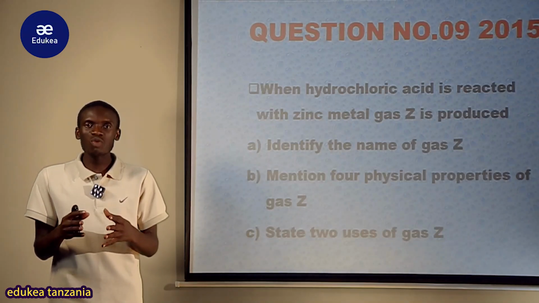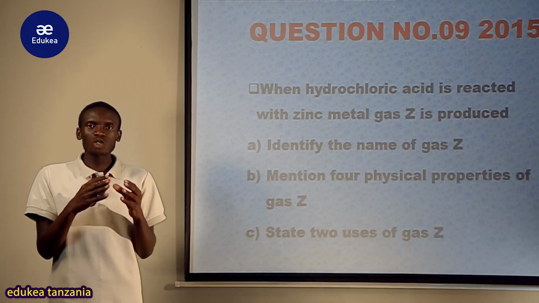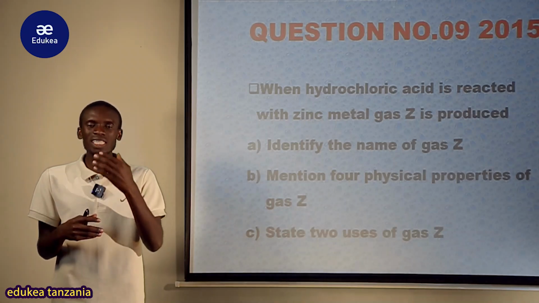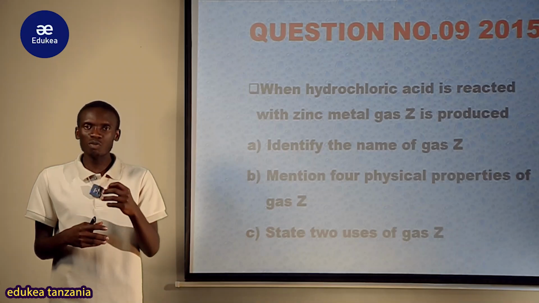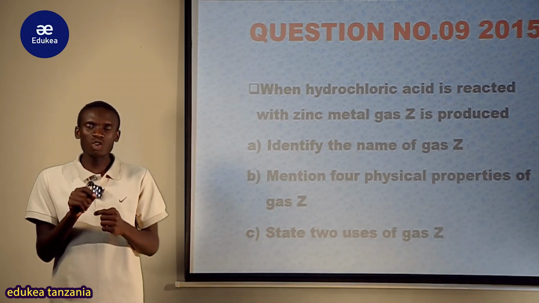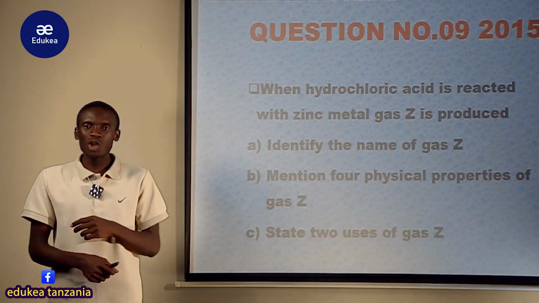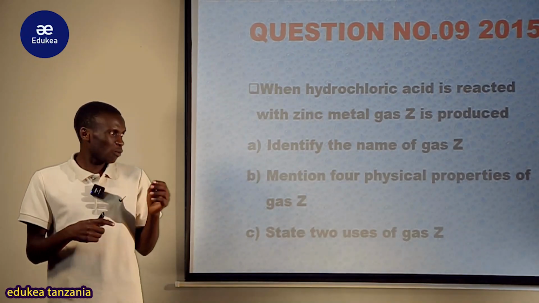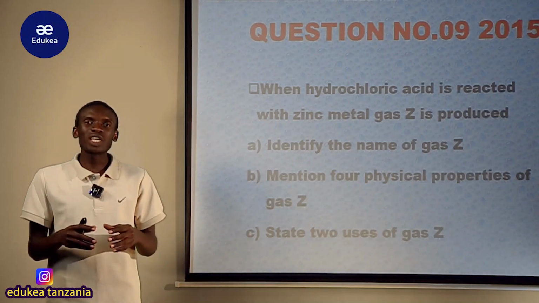Manake mwanafunzi inabidi ajue hii reagent ambayo ni hydrochloric acid huwa inatumika kuproduce gas gani wakati ikireact na zinc, au inabidi ajue reaction kati ya hydrochloric acid na zinc inaproduce kitu gani. Product ambazo zinaformiwa pale, kuna moja wapo ya gas ipo pale, hiyo gas ni gas gani? So ukidetermine gas Z, maswali mengine yote tunajibu. Student ambaye ameshindwa kudetermine gas Z ni ipi, huku mbele hata kama akitoa majibu atakuwa amekosa, au ndio tunatumia zile general property.